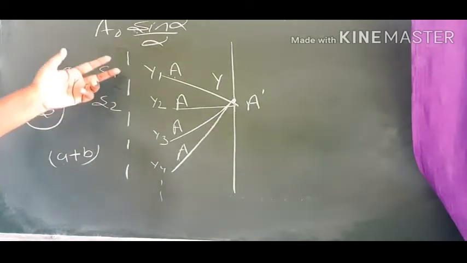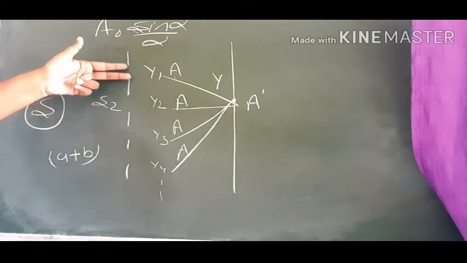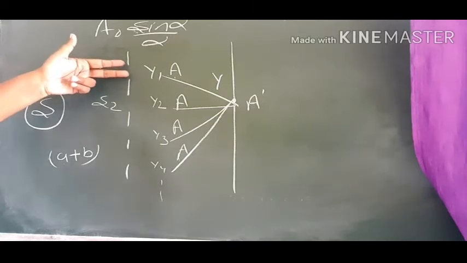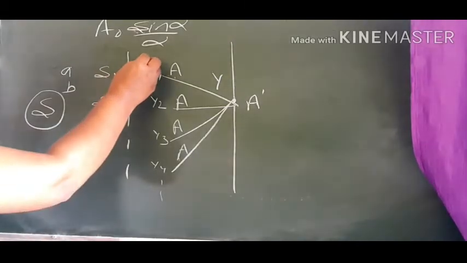The phase difference due to a single slit was alpha.